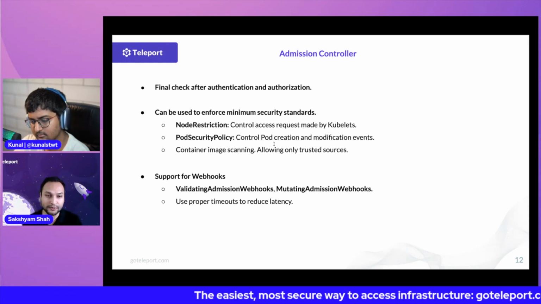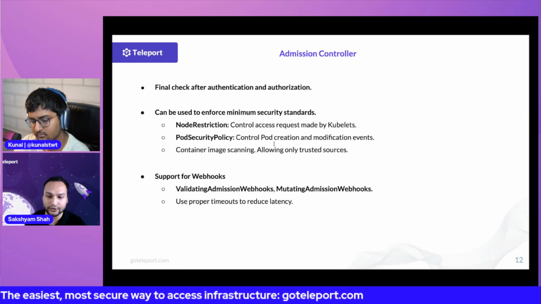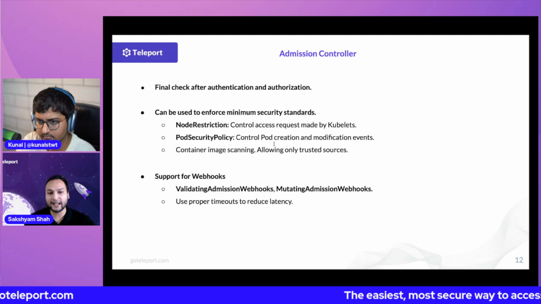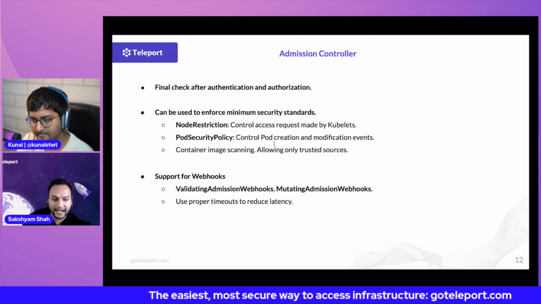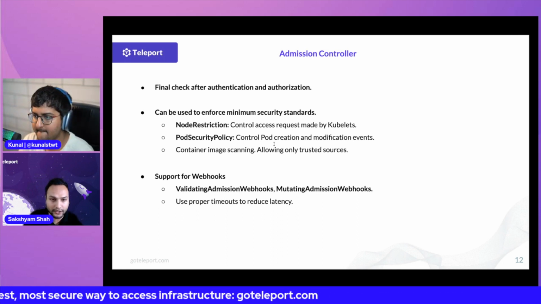Admission controller also supports webhooks, and this is interesting because it allows you to initiate a request to external security engines you may have in your organization, validate the API request against the external security resources, and make the final decision if the API request should be allowed or not.